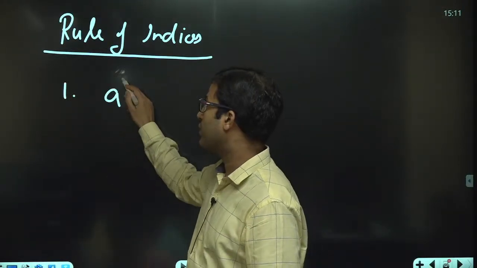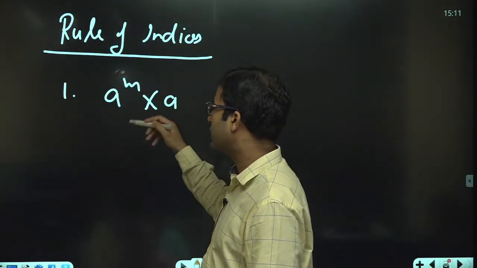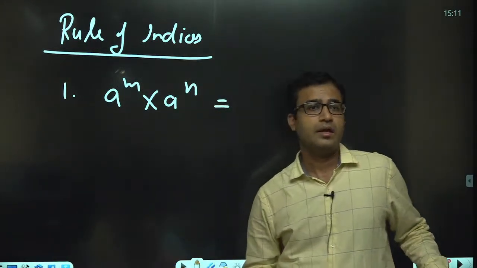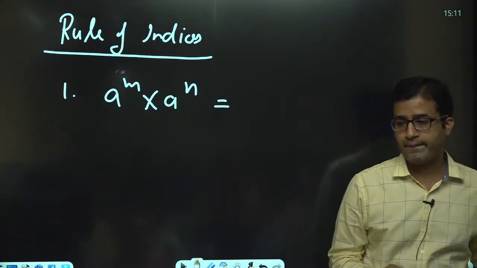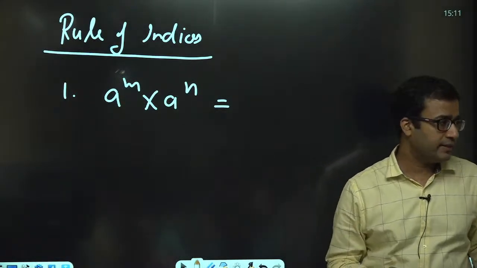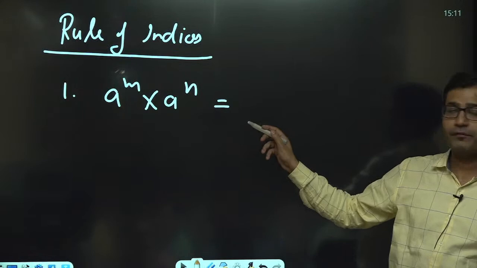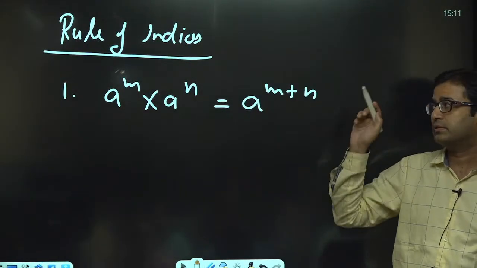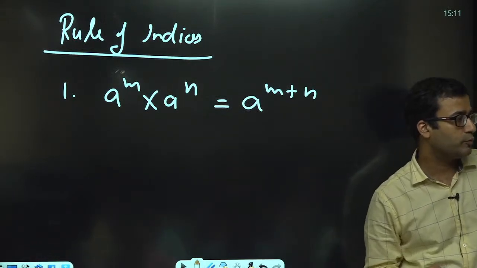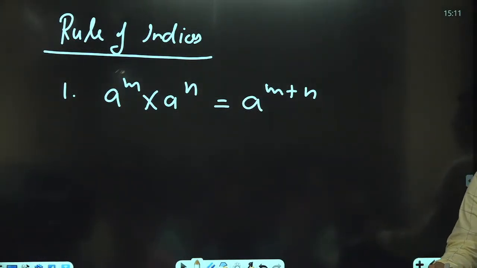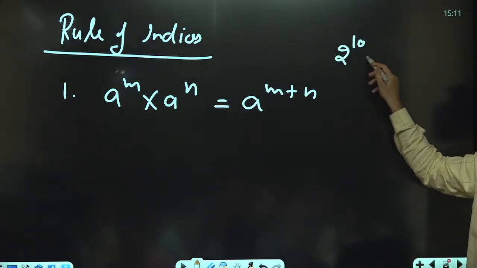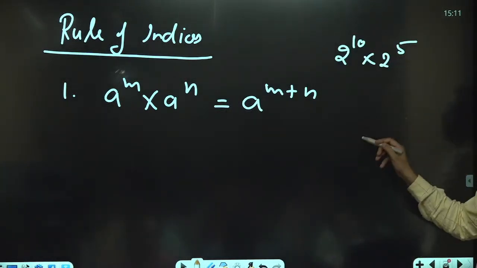First rule is a is to power m into a is to power n. Anyone? If the base is same and here we have a multiplication, we have to add power. A is to power m plus n. Like 2 is to power 10 into 2 is to power 5.